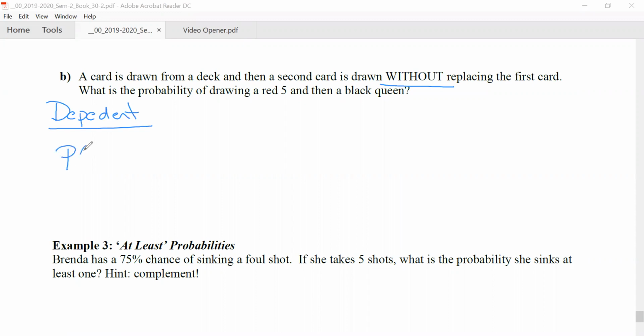So I want P of a red 5 and a black queen.